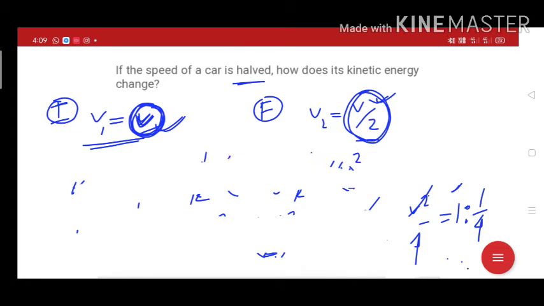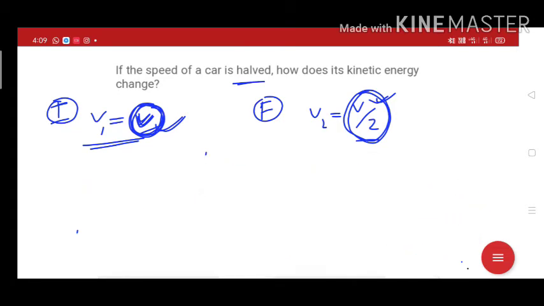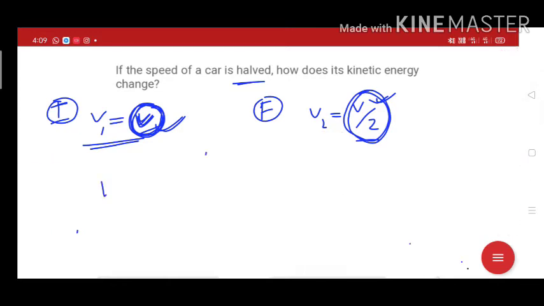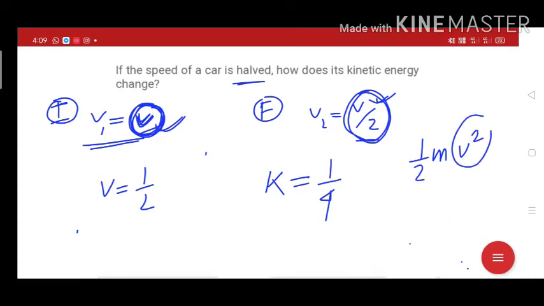Let me clear the whiteboard. Okay, if the speed is being halved, that means kinetic energy will be 1/4, as the formula for kinetic energy is half m v square. So for this v square, half is actually going to be in squared value.